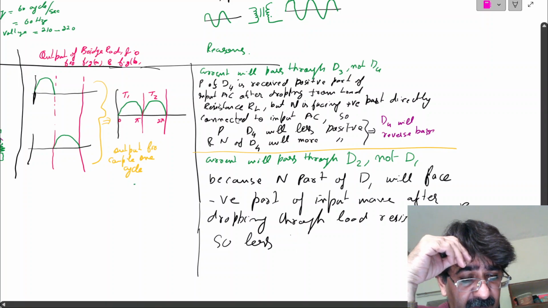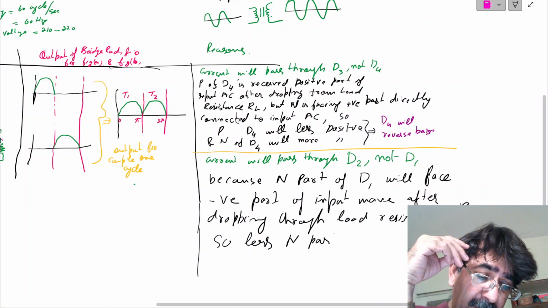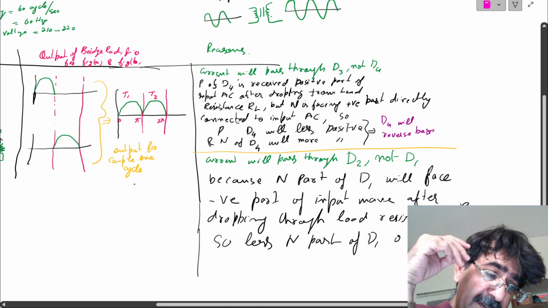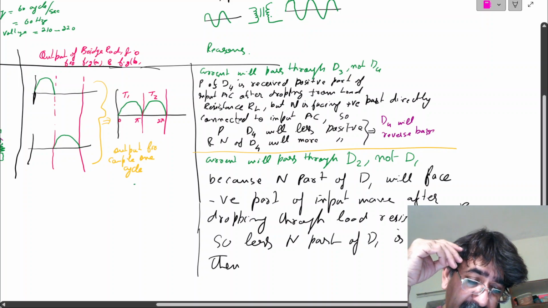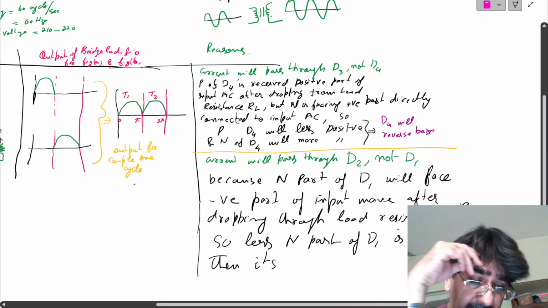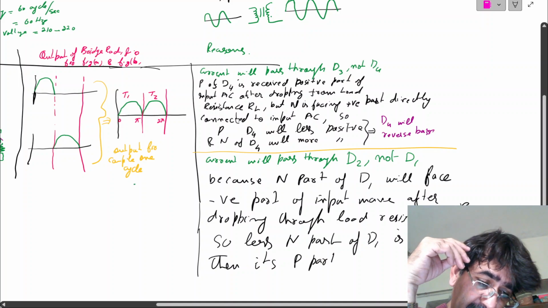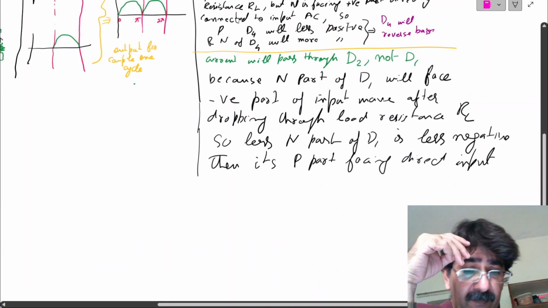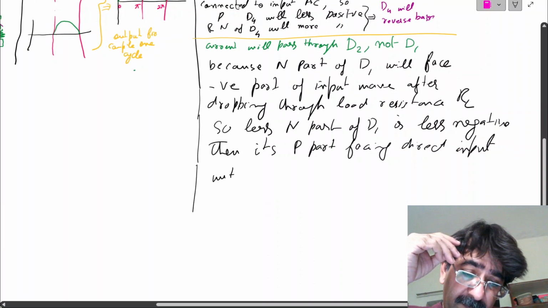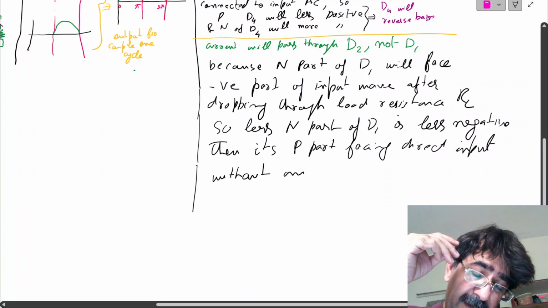So the N part of D1 is less negative, but the P part of D1 is directly facing the negative part of the input wave without any dropping.